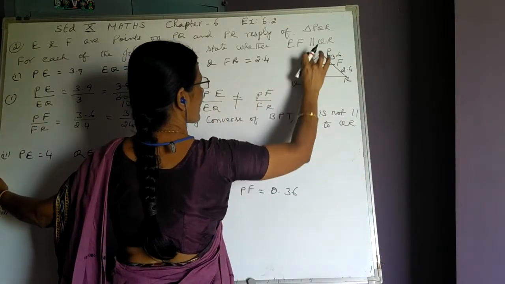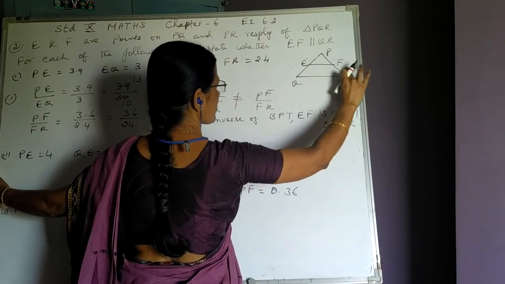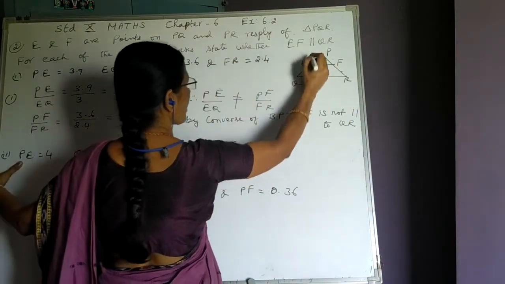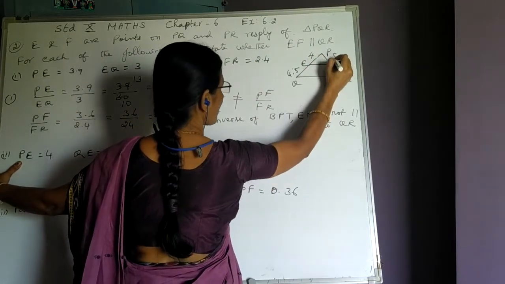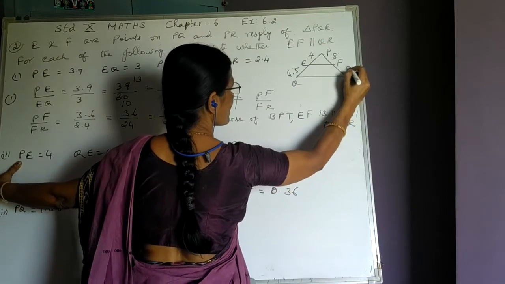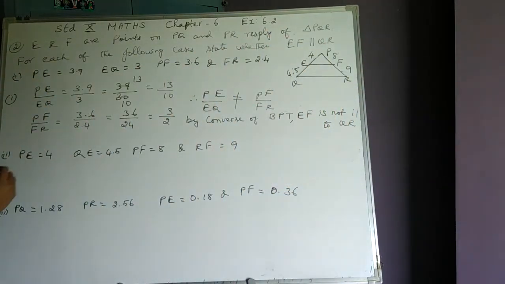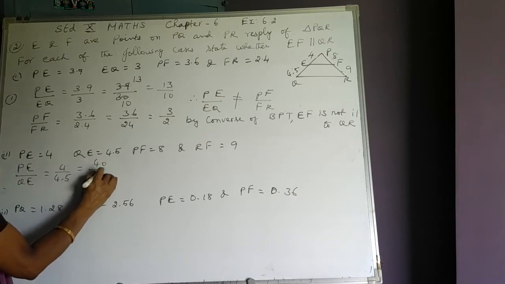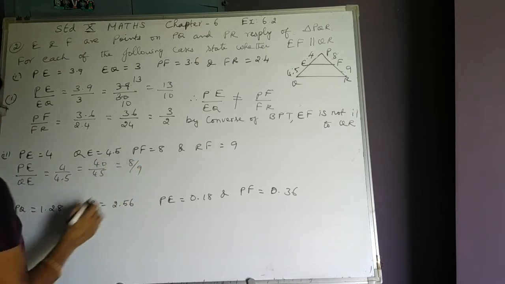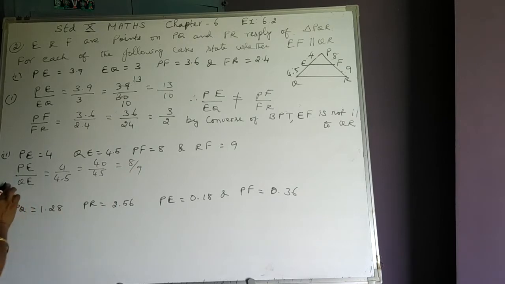Hope you understood. In the second subdivision, the numbers are different, so I change the numbers. PE is 4, QE is 4.5, PF is 8 and RF is 9. So I am going to find the ratios separately. PE upon QE is 4 upon 4.5, so it is 40 upon 45, which is 8 upon 9. Then I find PF upon FR.